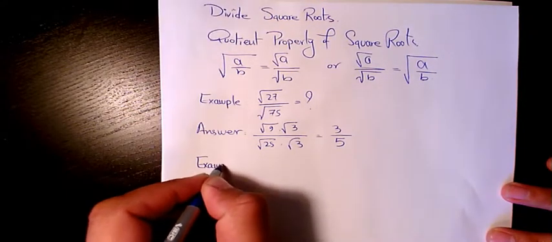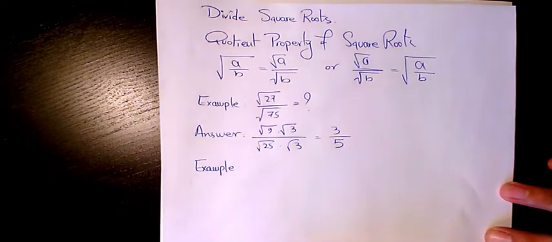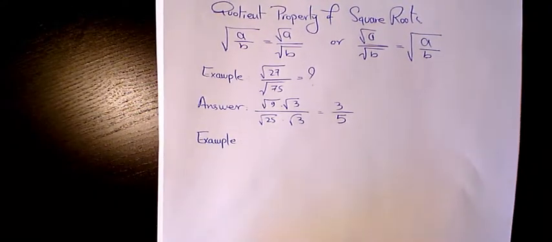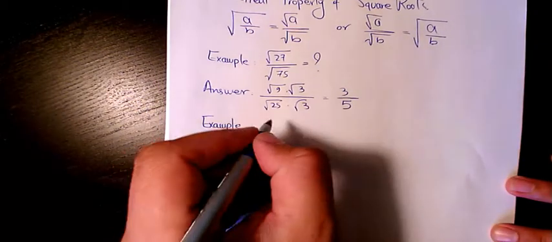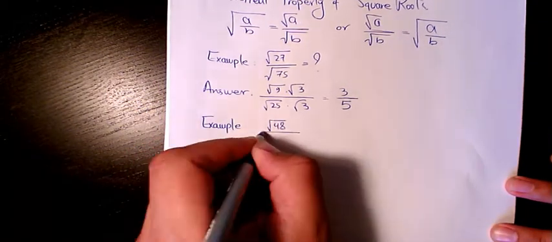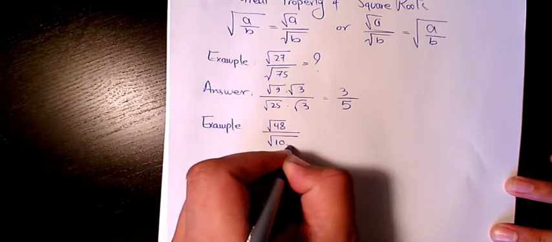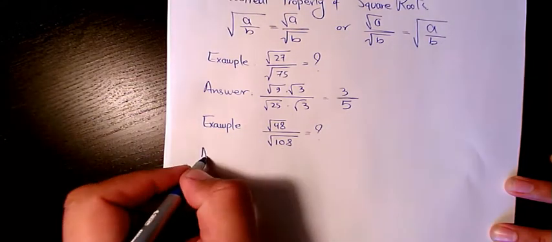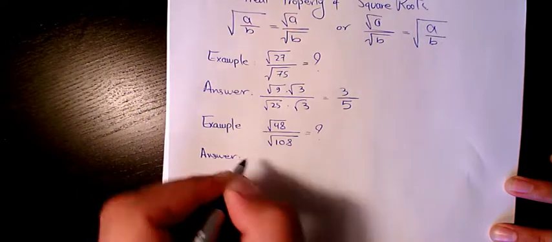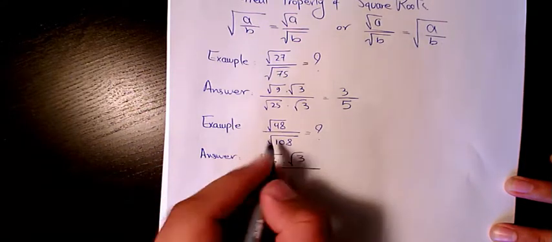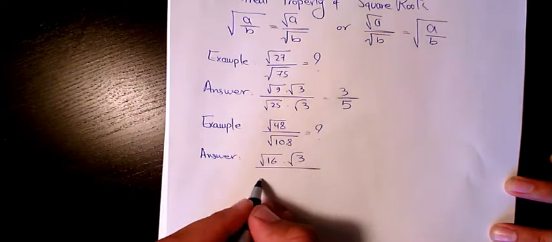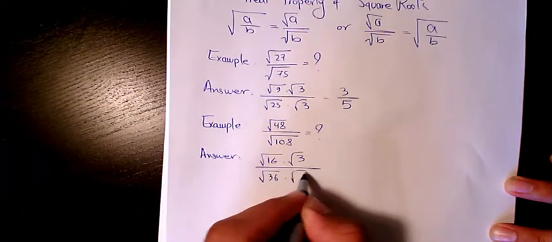Next example is root 48 divided by root 108. Answer is: 48 is 16 times 3, and 108 is 36 times 3.